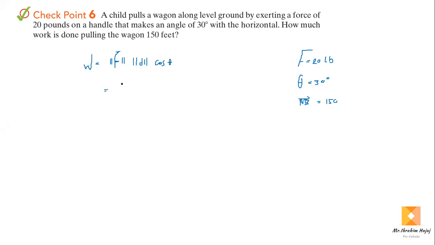So 20 pounds multiplied by 150 multiplied by cosine 30 equals 2598.